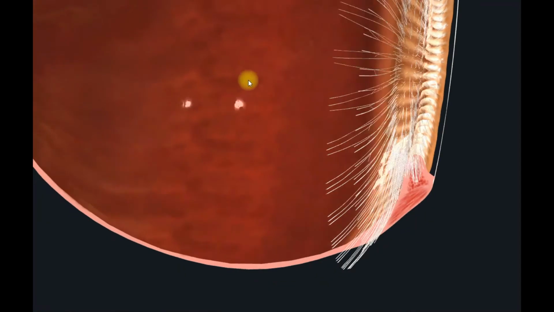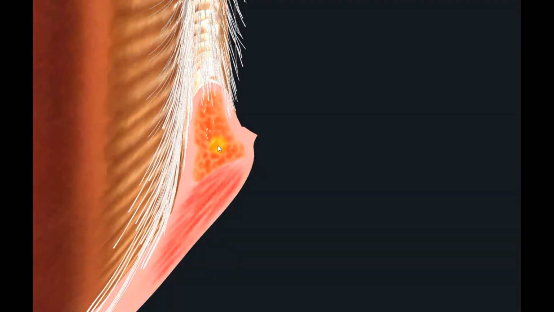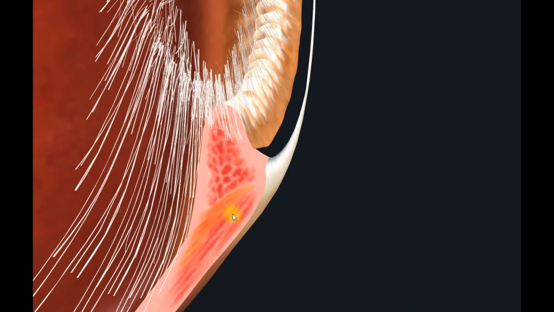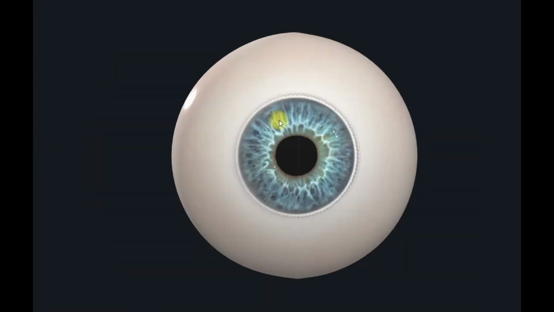Also, these fibers are called the ligaments of Zinn. Inside the ciliary body can be found several muscles, such as circular fibers of ciliary muscle and meridional or radial type of muscle, responsible for the refractive power of the lens in the process of accommodation.